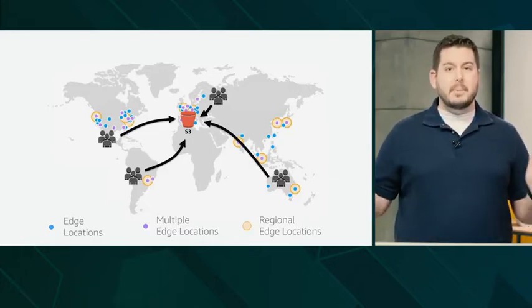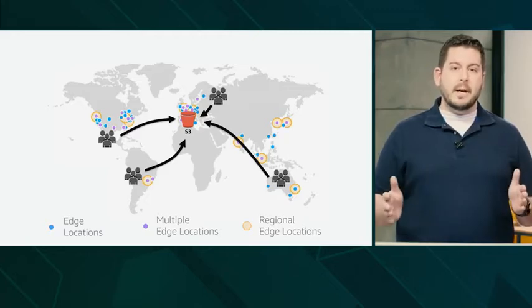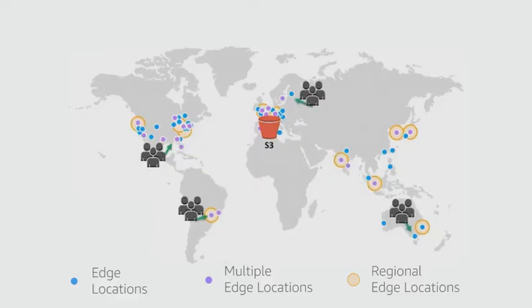Now imagine we set up CloudFront in front of that S3 bucket. Much better. You can see now that there are no longer requests traversing the globe to get our content. Instead, requests are routed to the least latent edge location, that is, the closest in terms of delivery speed. CloudFront then serves cached content quickly and directly to the user nearby, as shown by the green arrows.